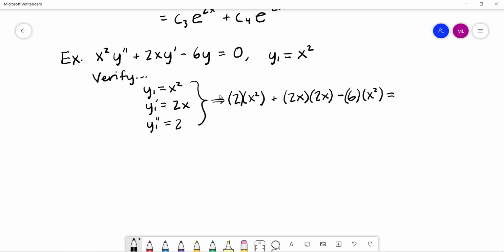And we can see I'm going to have 2x squared plus 4x squared, which is 6x squared, minus this 6x squared, which is indeed 0.